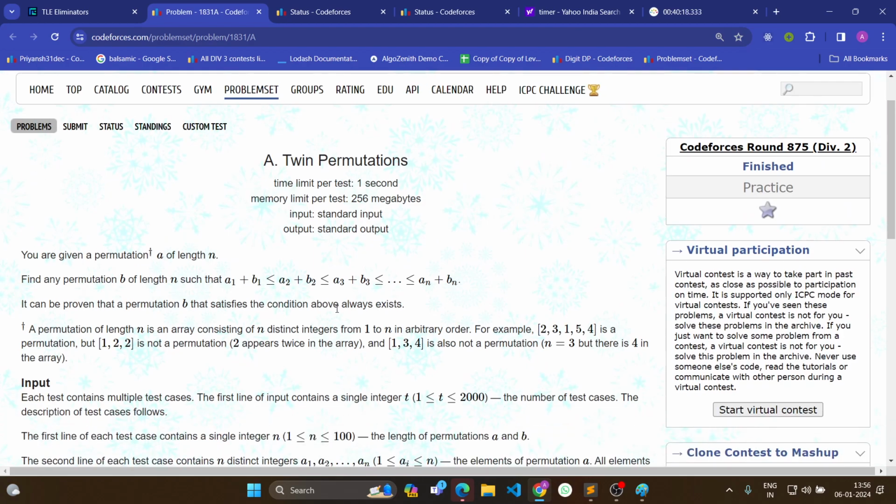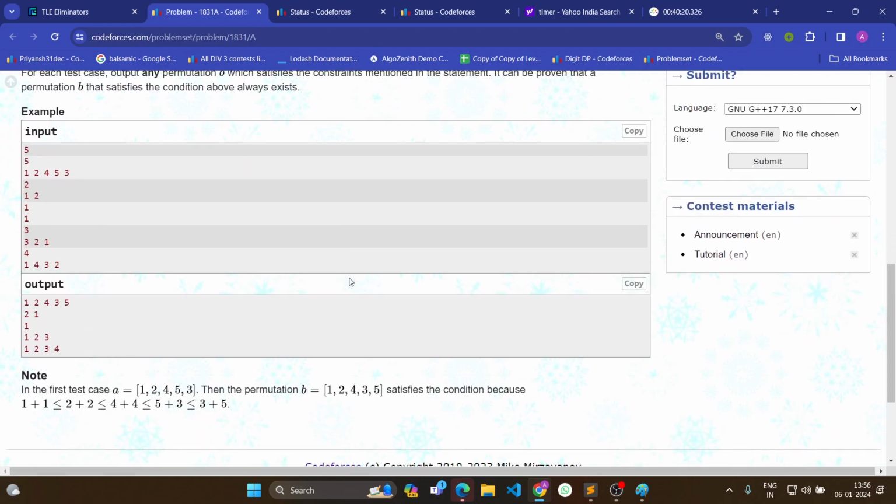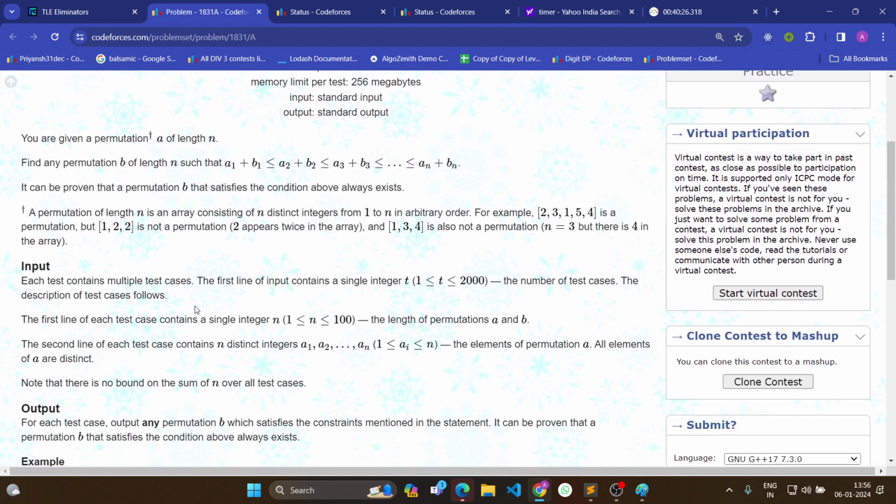I think it has to contain the same elements as a. Okay, again, the permutation is of a.